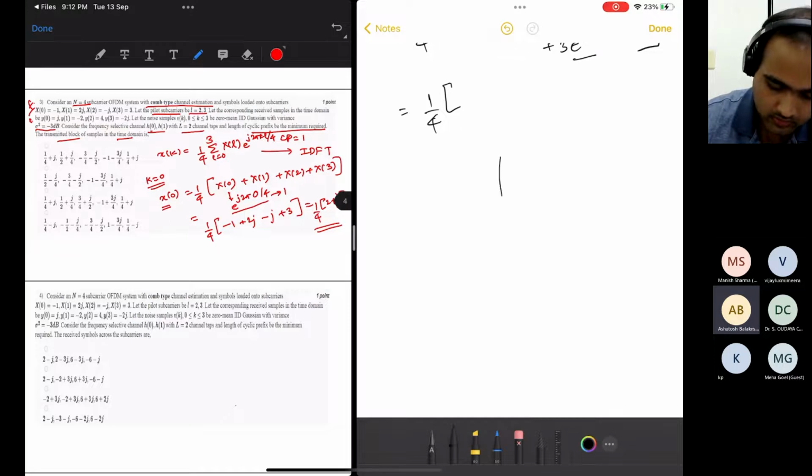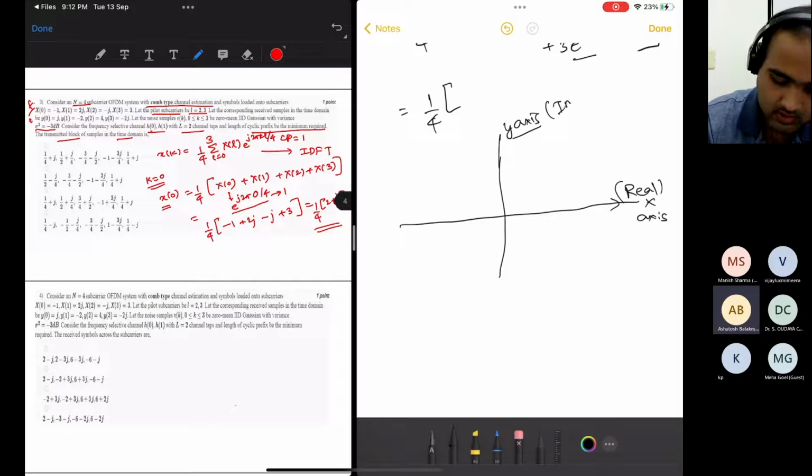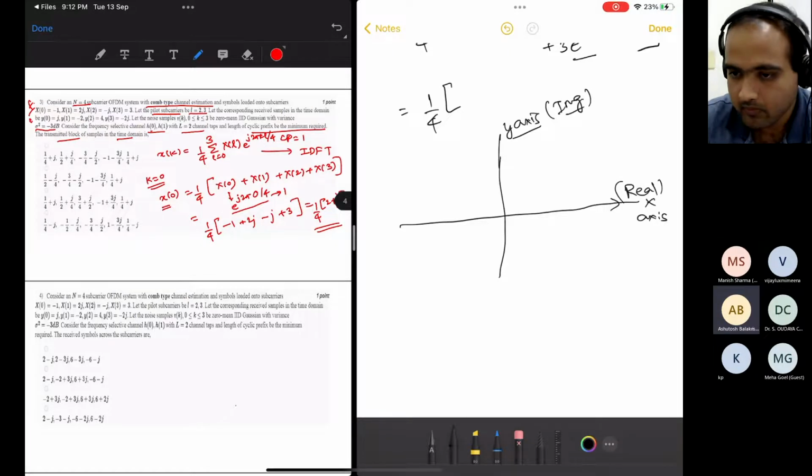So we have these two axes. So we have the x-axis and we have the y-axis. Say this is the y-axis. This is my x-axis. Now the x-axis is my real axis, and the y-axis is my imaginary axis.